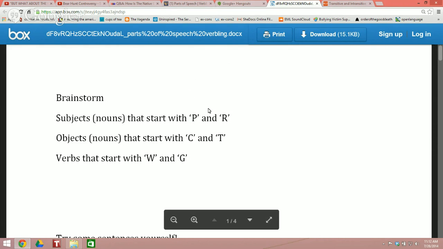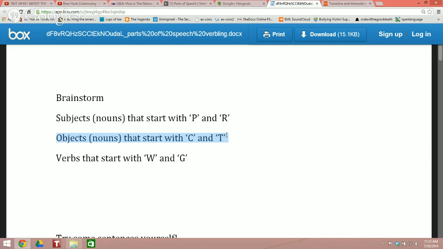What are some other nouns? And this time we'll go with objects. It changes a little bit. Some objects that start with C or T. Alejandro, can you think of any people, places, or things that start with C or T? City?